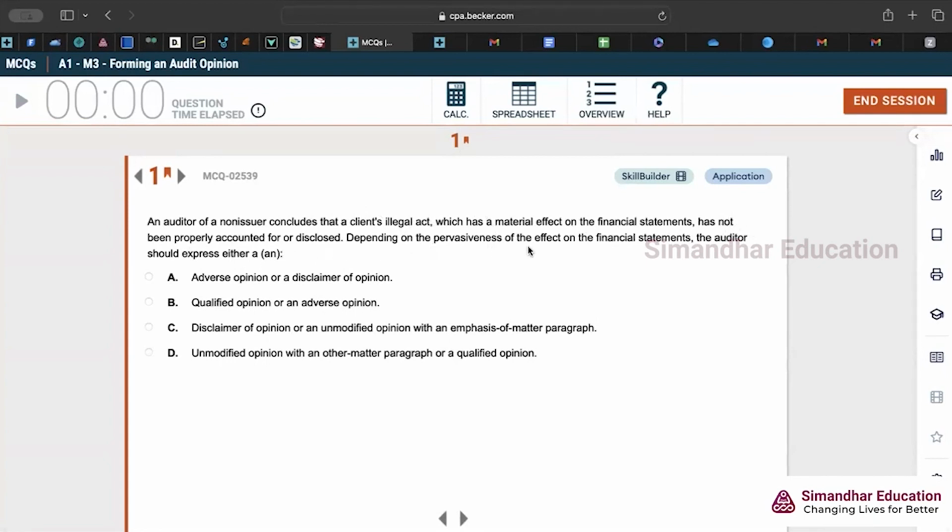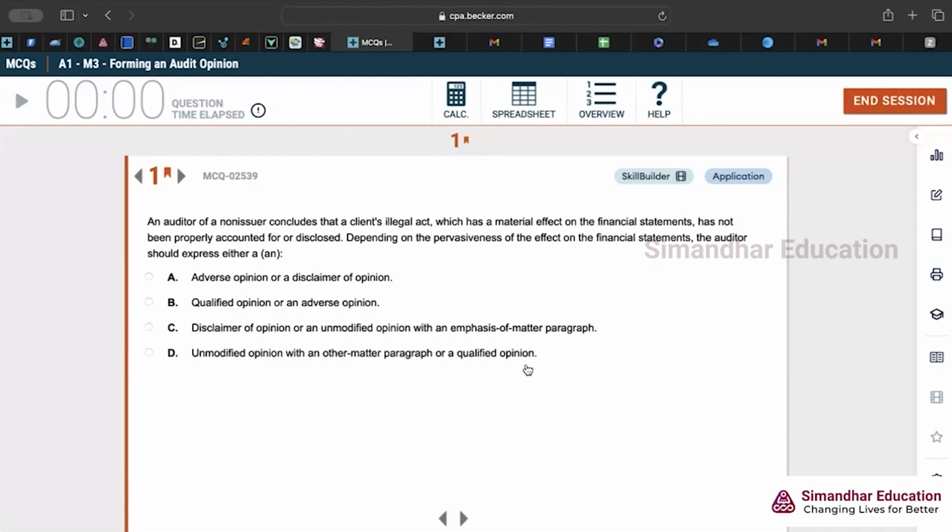Depending on the pervasiveness of the effect on the financial statements, the auditor should express either adverse or disclaimer, qualified or adverse, disclaimer of opinion or an unmodified with emphasis, or unmodified opinion with an other matter paragraph or qualified opinion.